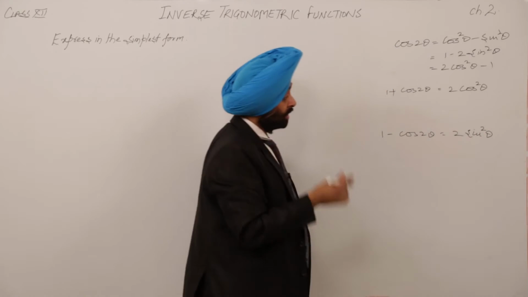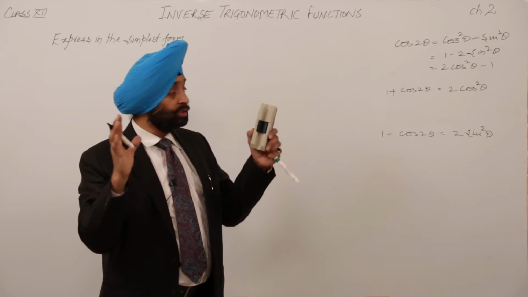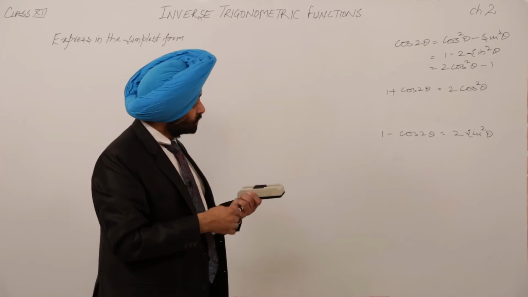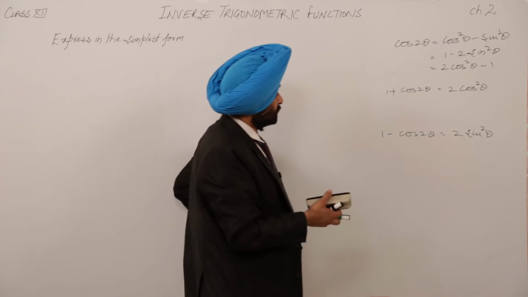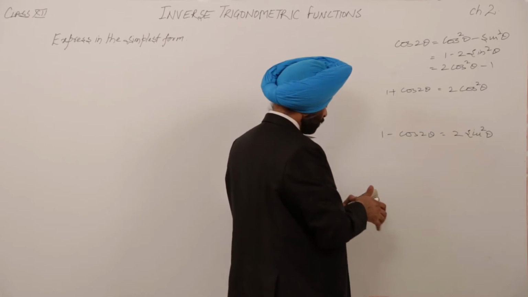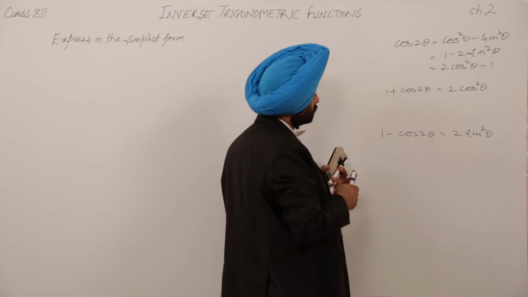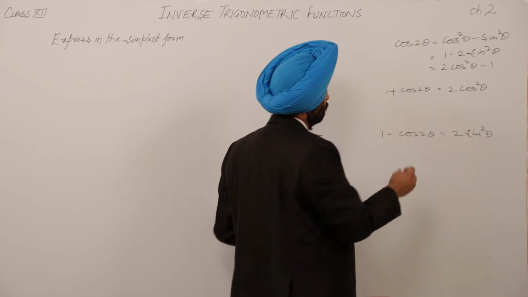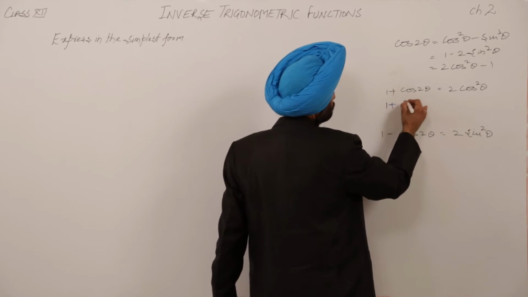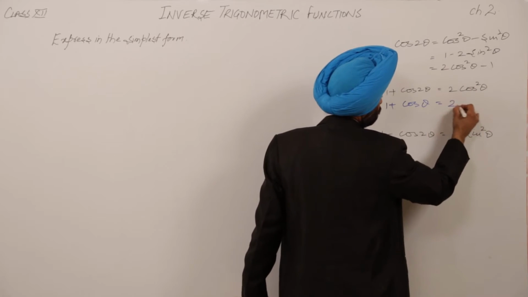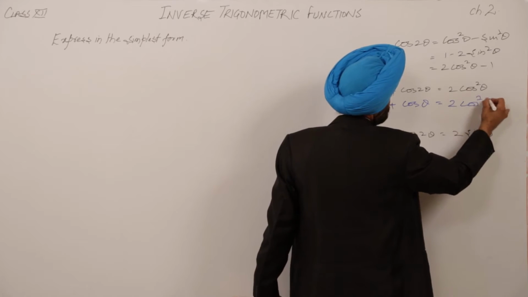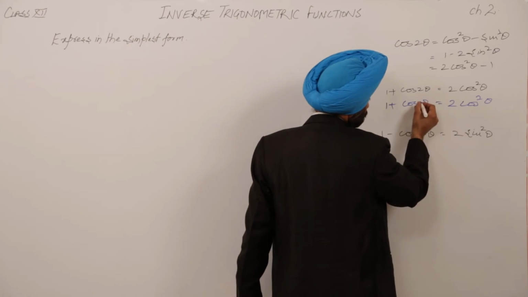Why have I given some space in between? Because I want to write one more formula here. What is 1 plus cos theta? It is 2 cos square theta by 2.